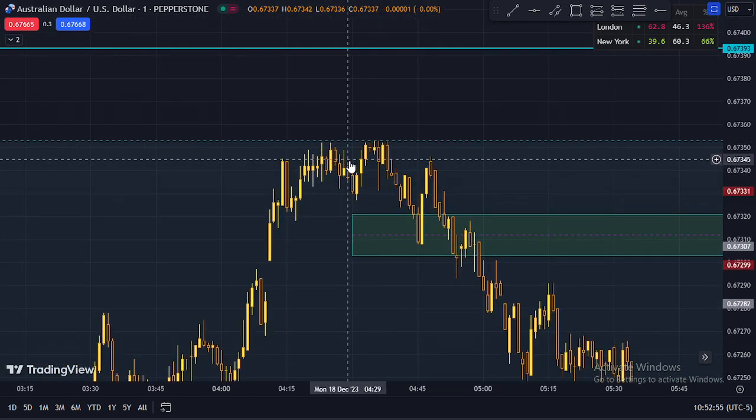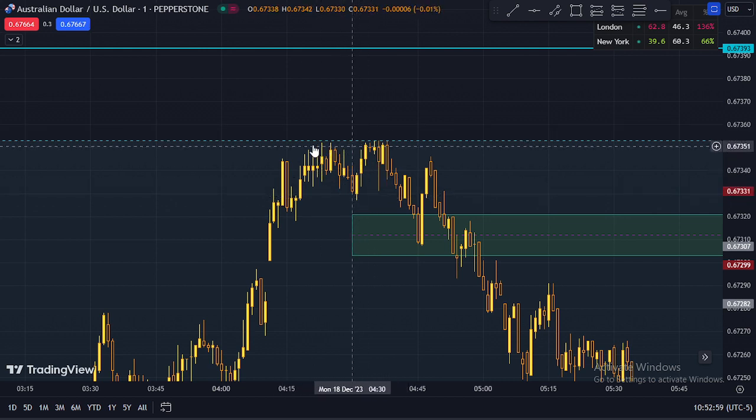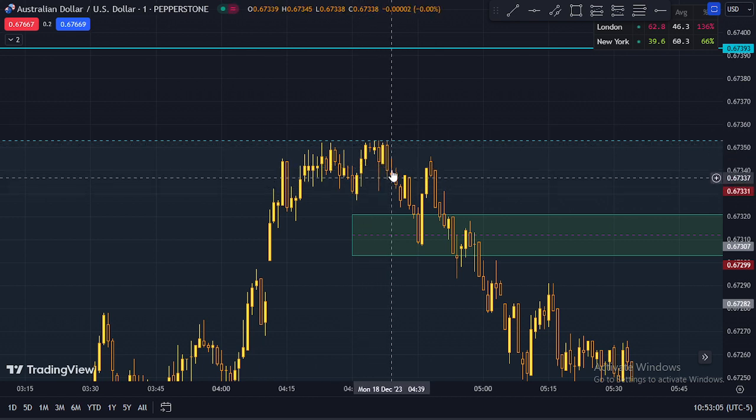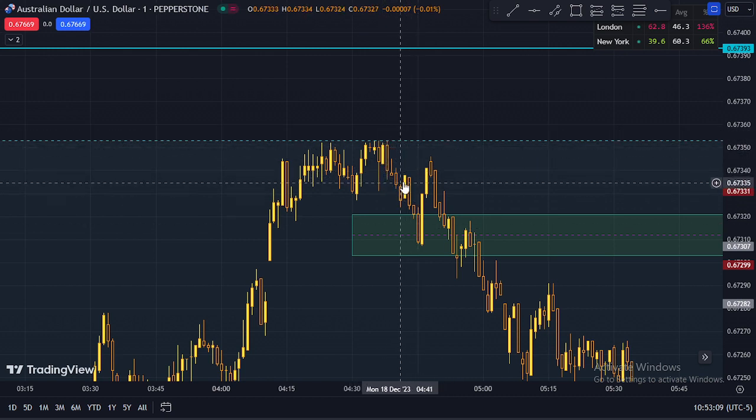So we had this run lower, and then went up, taking out these highs right there, and then this was the low that was taken out right there, and then we had this gap right in there.